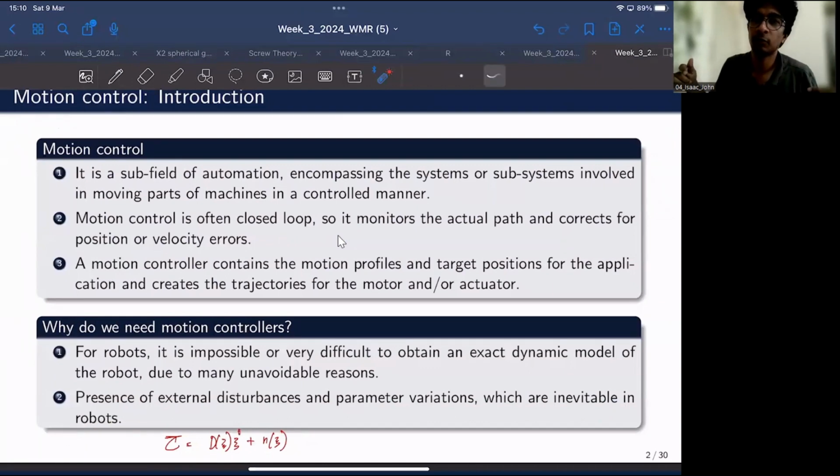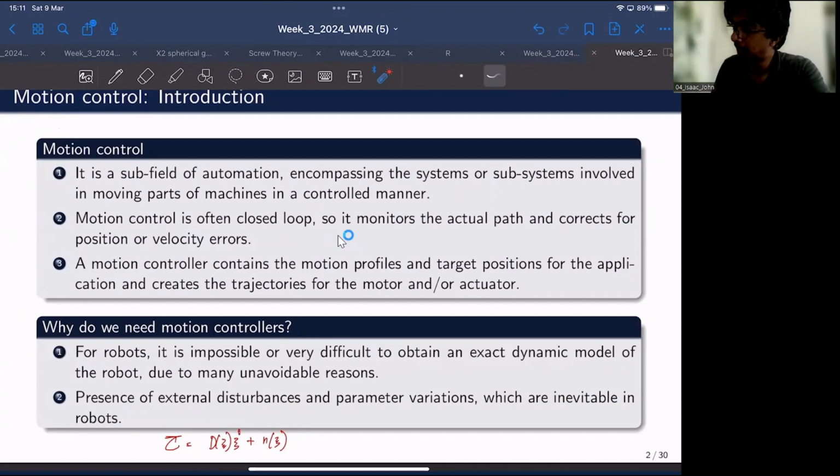So there could be some forces that we may not be able to predict while modeling or while deciding this trajectory. For example, if the robot is moving outdoors, the wind could have a significant effect on how it follows its trajectory. So that could also be one of the factors.